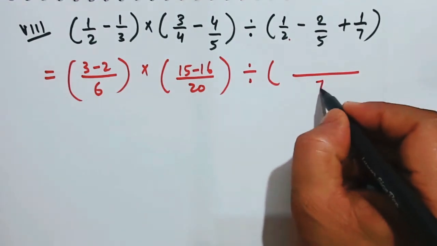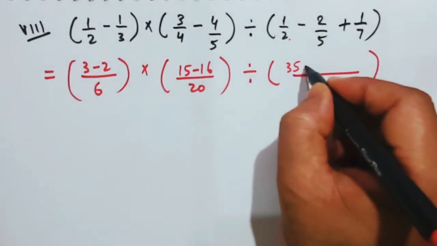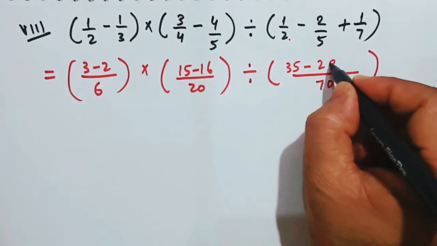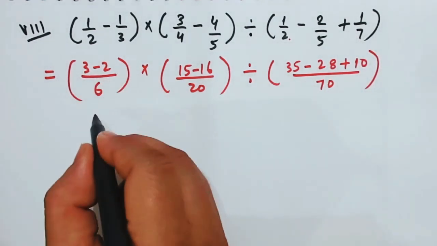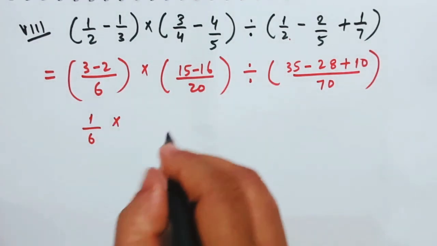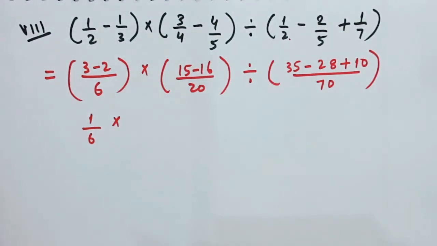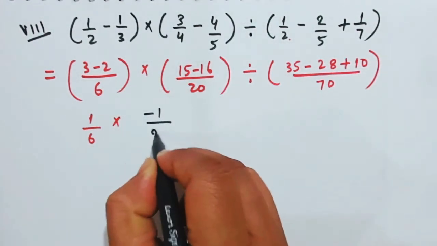Will be equal to 70. Now 35 minus 28 plus 10. 3 minus 2, you know, 1 by 6 into 15 minus 16. Exactly 15 minus 16 minus 1 by 20.